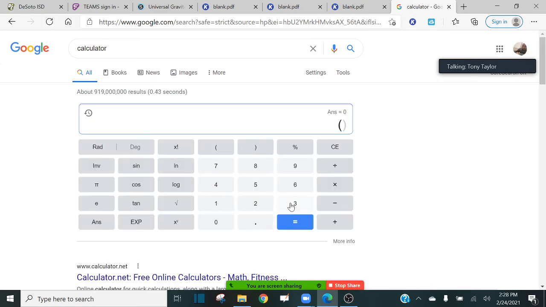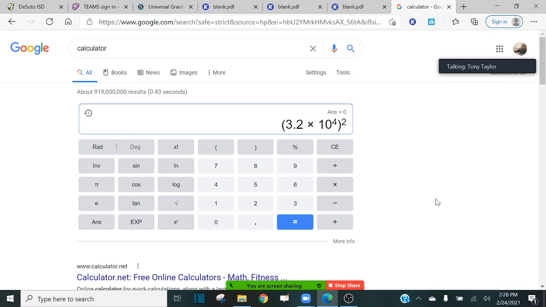I would do 3.2 times 10 to the 4th power, and then close parentheses, and then I would square everything in parentheses.